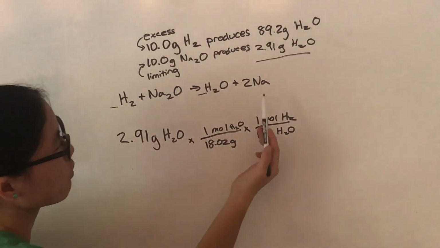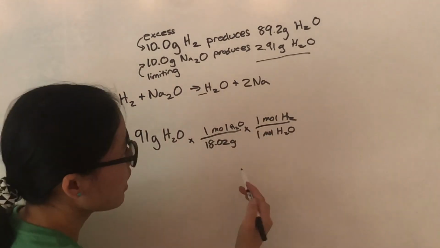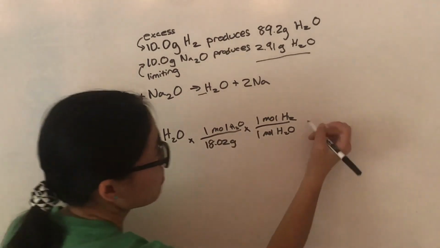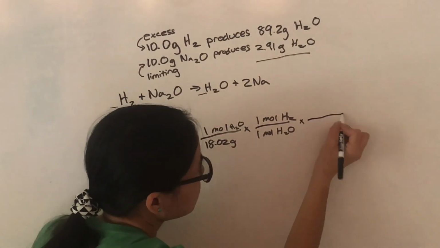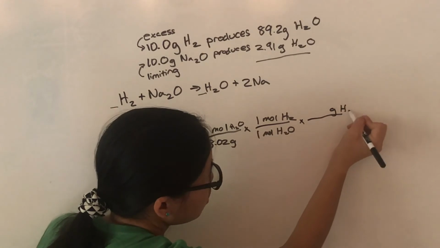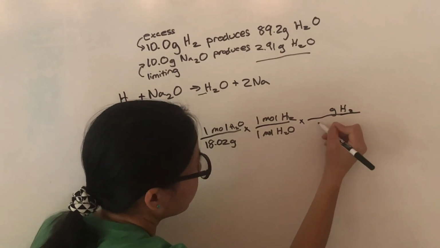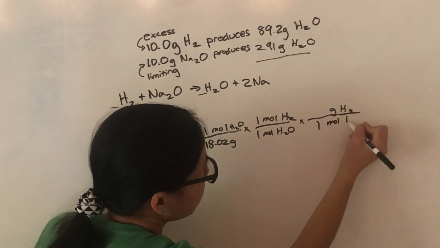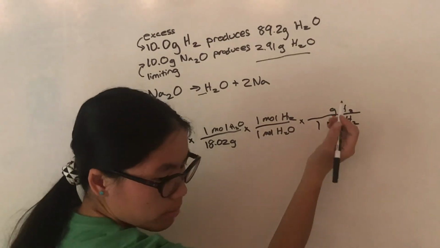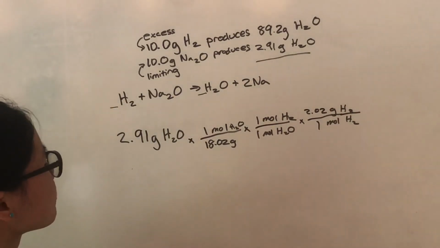Now if we were solving for Na, sodium, then the coefficient on top would be 2. Anyway, so once you've figured out the molar ratio, then you multiply that again by the molar mass of hydrogen gas to figure out how many grams would be left. So you have 1 mole of H2, and on top that would be 2.02 grams of hydrogen gas.